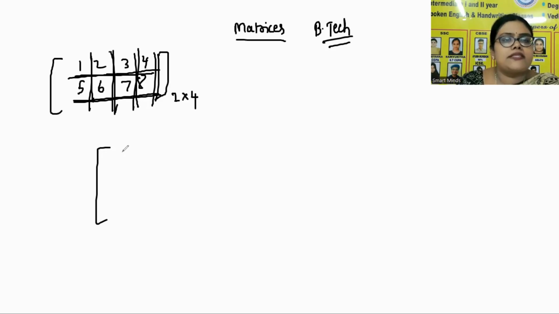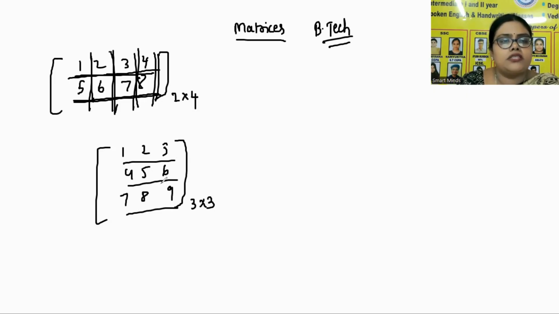If the matrix is like this, 1, 2, 3, 4, 5, 6, 7, 8, 9, this is a 3 by 3 matrix. Here you have 3 rows and 3 columns. Whenever the number of rows is equal to the number of columns, it is called a square matrix.